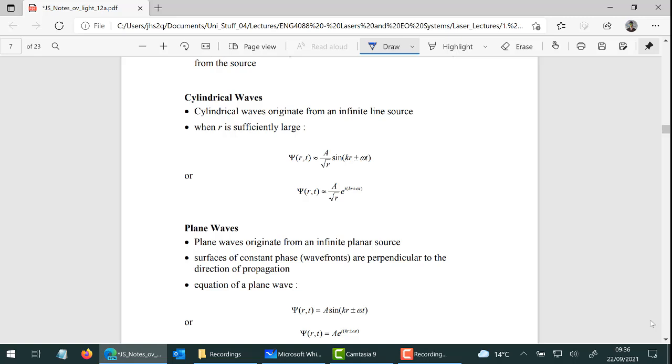We can think of also a line source. And so what we would have would be cylinders of light travelling out instead of spheres. Cylinders of light travelling out from a central axis.